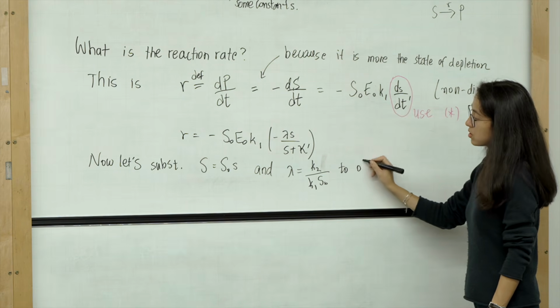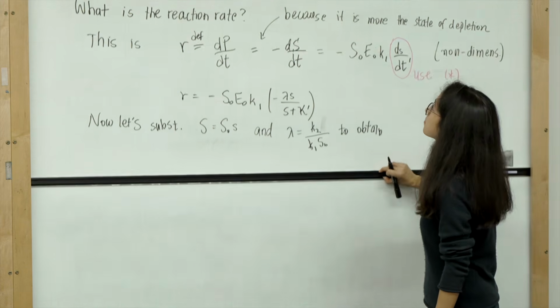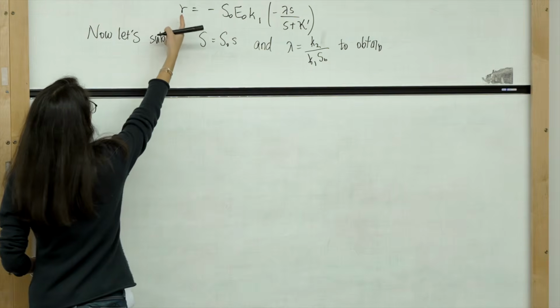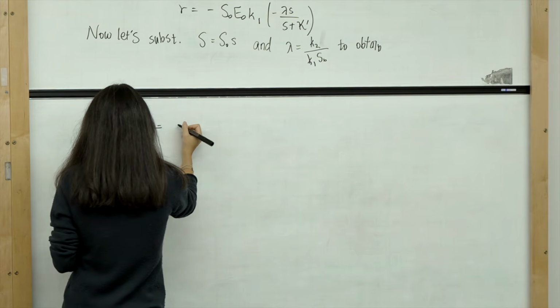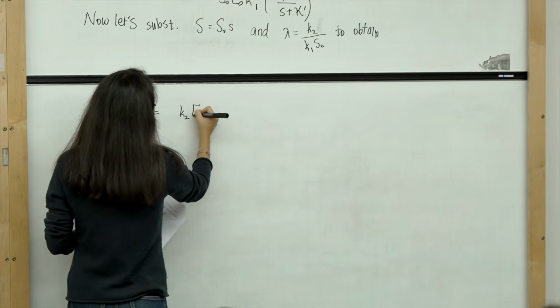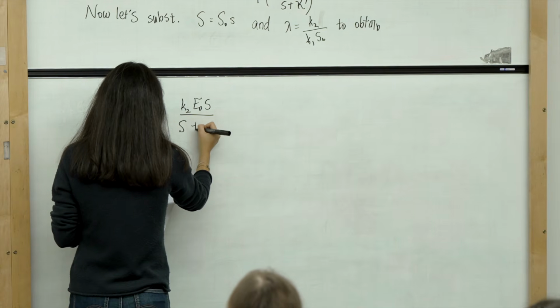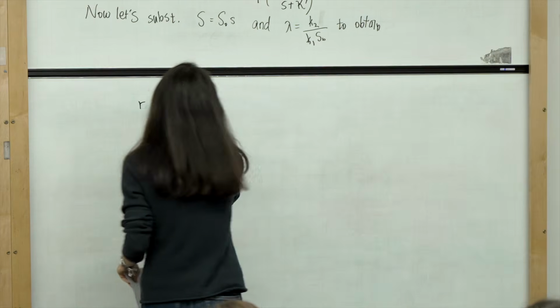And then when we use these two things, we basically get the following. So I have that R, the reaction rate, simplifies to the following. There are a lot of intermediate steps that you can find in my notes. It's just a manipulation, basically, of simplifying a few of the constants.